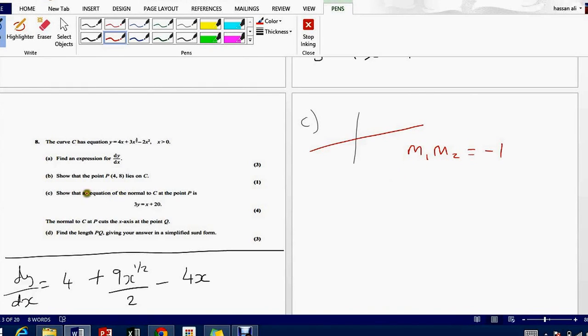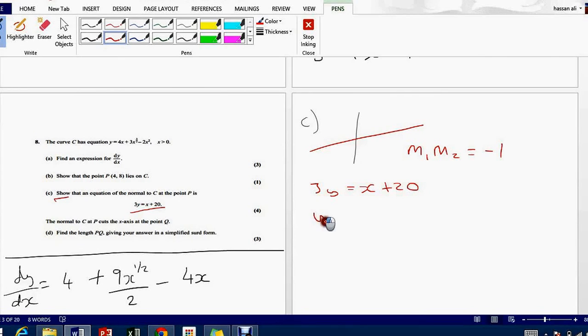So we're saying, show that an equation of the normal to C at the point P is 3y equals x plus 20. Again, they're asking you to show. So we go ahead down, and our final answer should be looking like this. The equation of the normal at P is 3y equals x plus 20, and that's your equation.